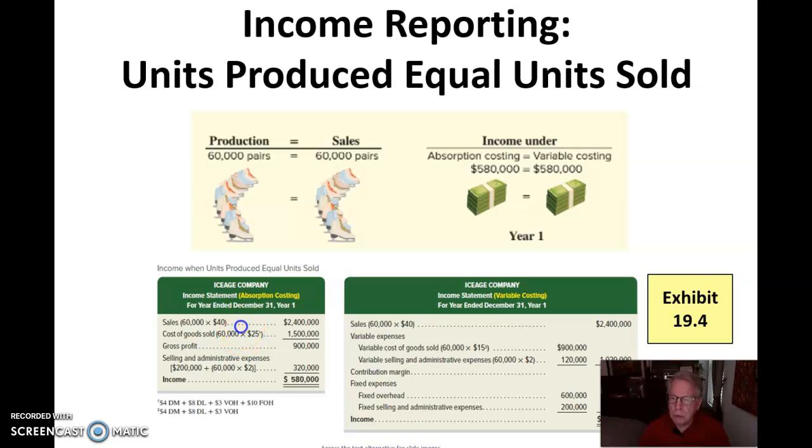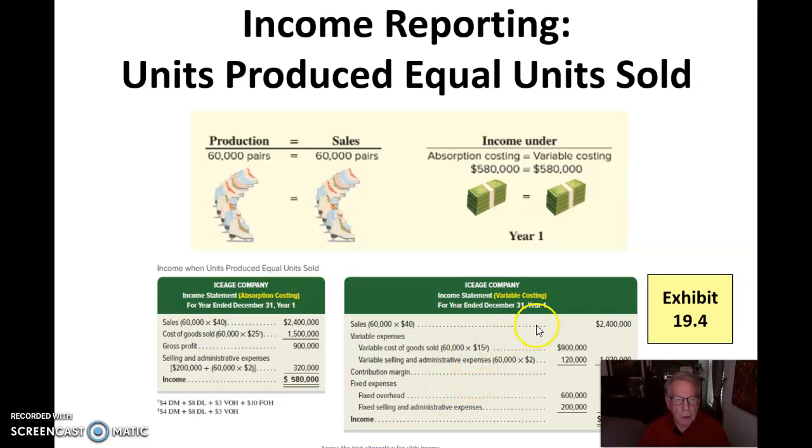We produced 60,000 units at $25. And our gross profit then is going to be 900,000. We back out selling and administrative. We had 200,000 of fixed costs plus $2 of variable cost per unit times the 60,000 units. That comes up to 320,000. Subtracted from 900,000 gives me 580,000.